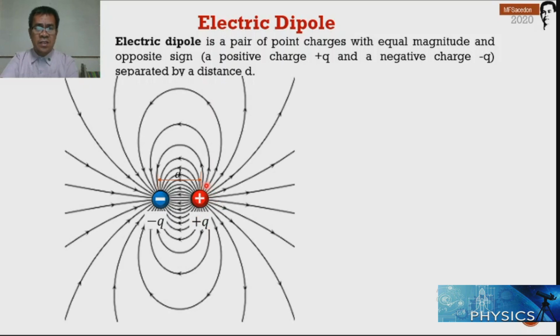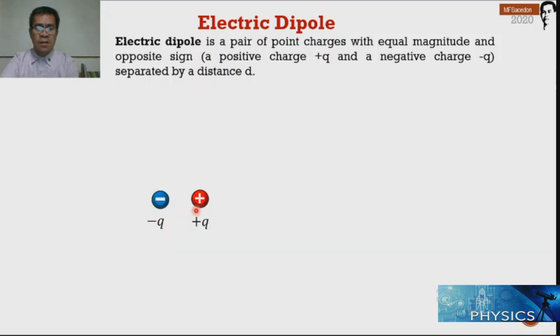So the field is known as an electric dipole field, wherein the field is outward from the positive and inward at the negatively charged. One of the properties of the electric dipole is the electric dipole moment, with symbol P, and this is a vector quantity that measures the strength of the dipole.